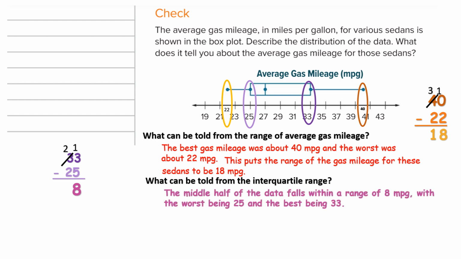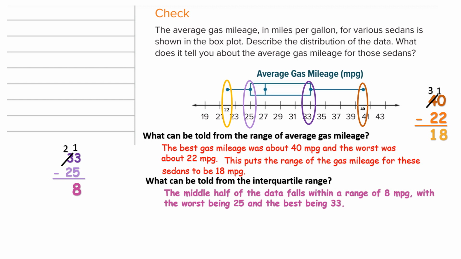So when I look at describing this, once again, using words and sentences, I put this into a compound sentence. The middle half of the data falls within a range of 8 miles per gallon, with the worst being 25 and the best being 33. So I have it in a little bit of different order than I did previously, but I'm just showing that it doesn't have to be in an exact format.